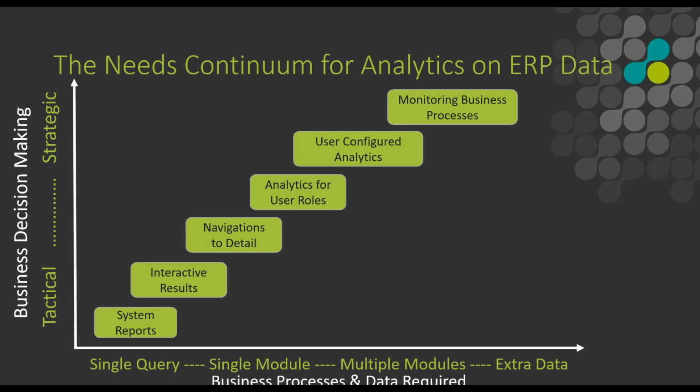So in terms of the needs continuum for analytics around the ERP, we've had the good fortune of mapping this out with a number of customers, helping them see where they are on the continuum, starting with the rising axis from a business decision-making standpoint.